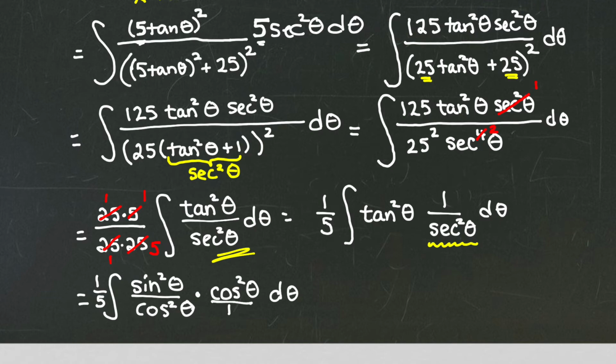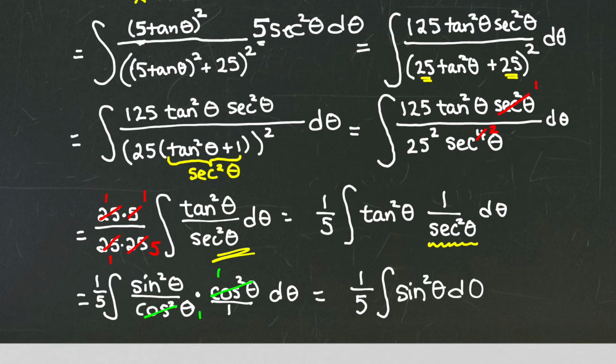That's our identity. They're multiplicative inverses of each other. And why is that beautiful? Well, that's beautiful because cosine squared cancels out. So that's leaving us with 1/5 times the integral of sine squared theta d theta.